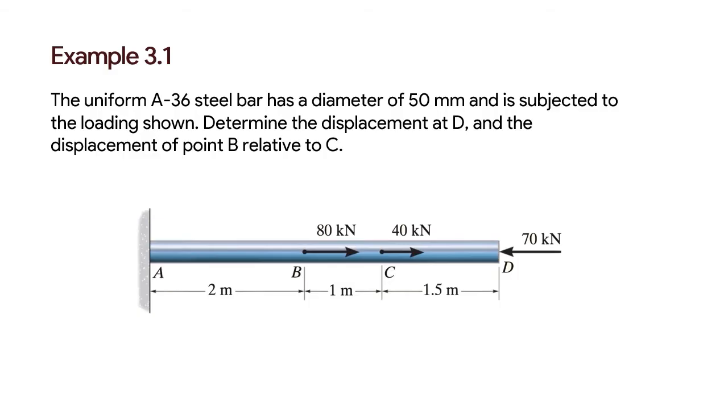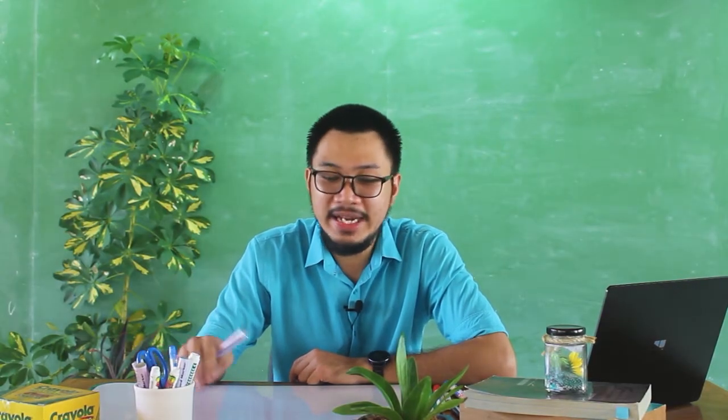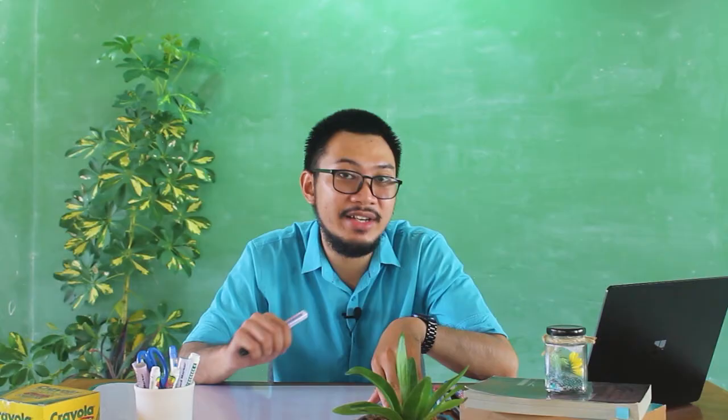The goal of this problem is to find the displacement at D. And take note, if the beam elongates, its displacement is positive. If the beam compresses, its displacement is negative. Okay? And we are also asked for the displacement of point B relative to C. The length of B to C also changes, so what is asked is the displacement from B to C.